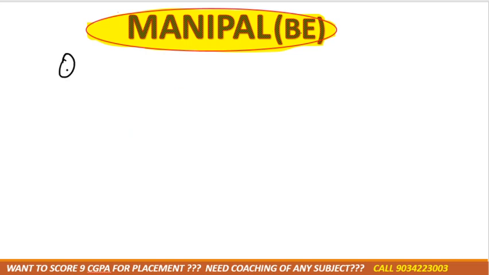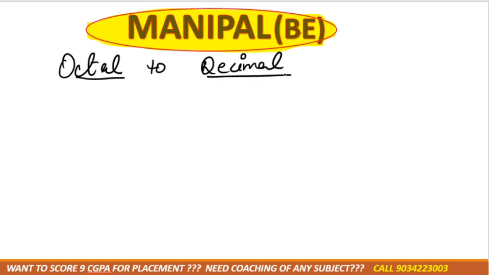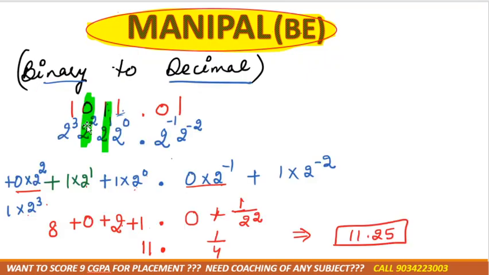Similarly, next we'll study octal to decimal. As I told you, octal is represented by 8, so take the number 365.24. It's in octal form. You need to convert it into decimal form. Earlier it was binary, so we multiplied by 2 raised to power 0.